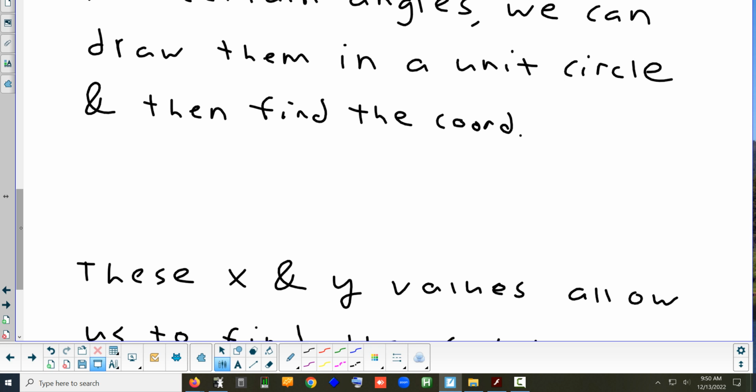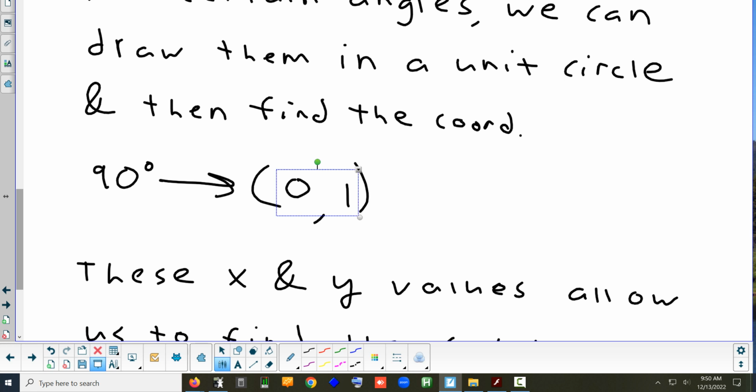So what does finding the coordinate do? Well, think about 90 degrees again. Can anyone remember, what was the coordinate for 90? 0, 1. What do you call the first number in a coordinate? Yep, the x value.